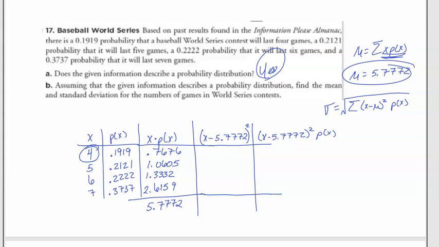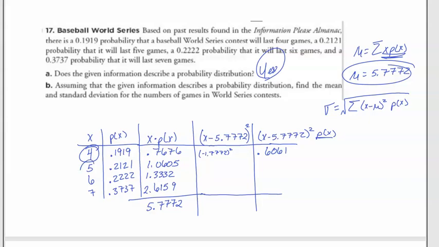So I'm going to start with 4. So I'm going to take 4 minus 5.7772. And I got a negative 1.7772, but I'm going to square that. And then I'm going to multiply that times the probability. So times 0.1919. And I'm rounding to the 4 decimal places, 0.6061.